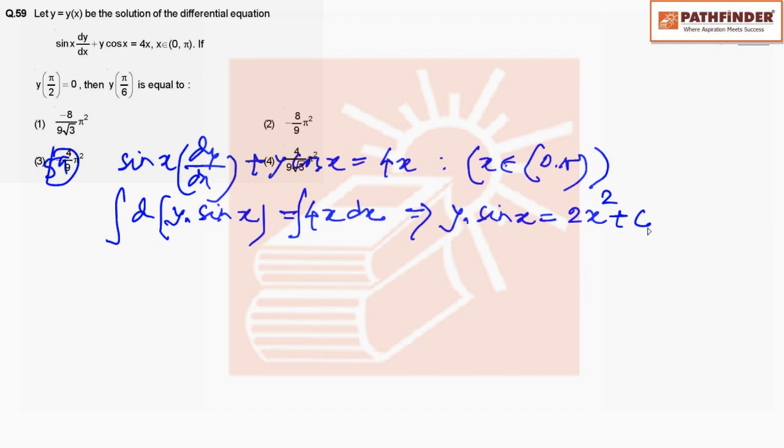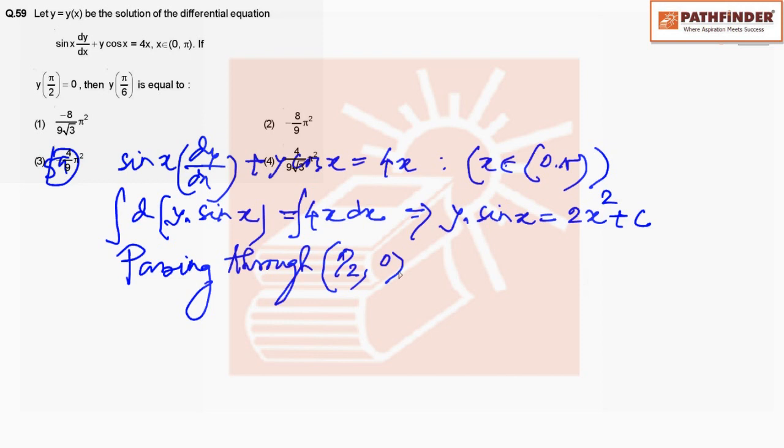Now the curve is passing through pi by 2 comma 0. That means c will be minus pi square by 2.